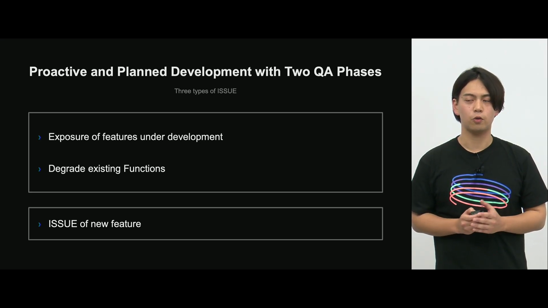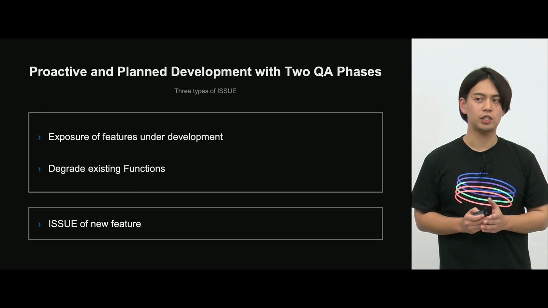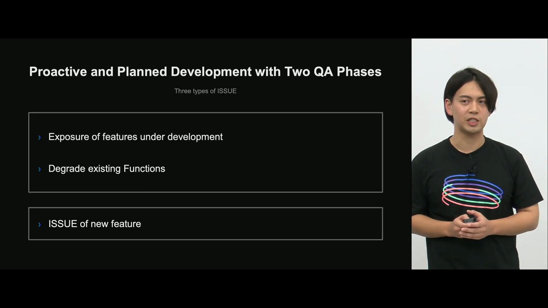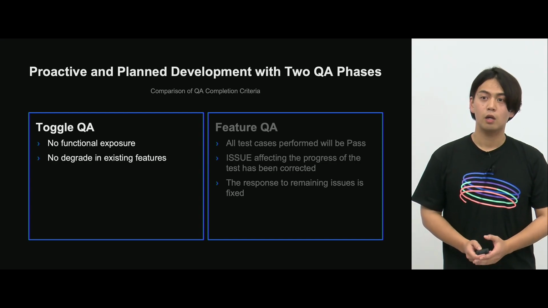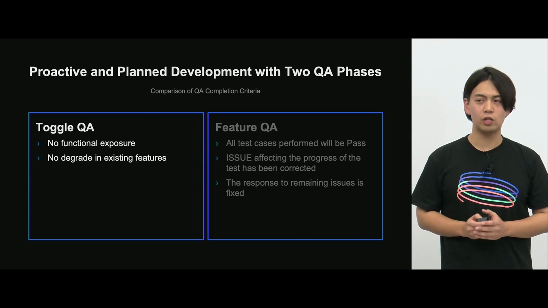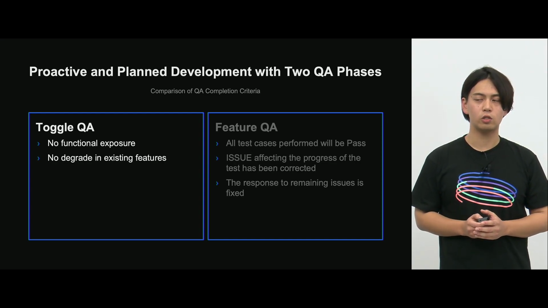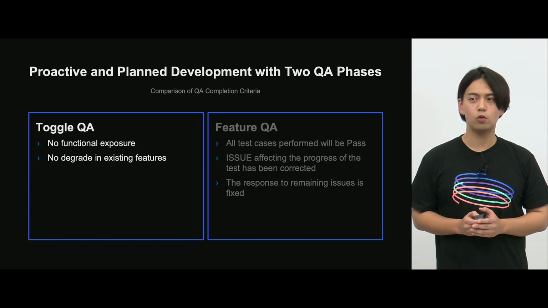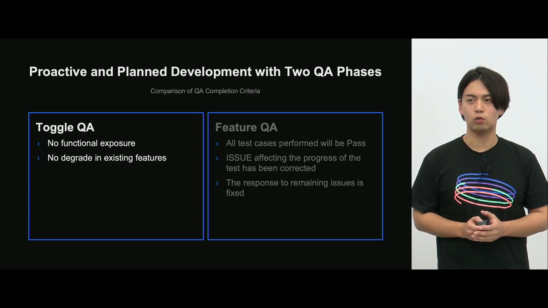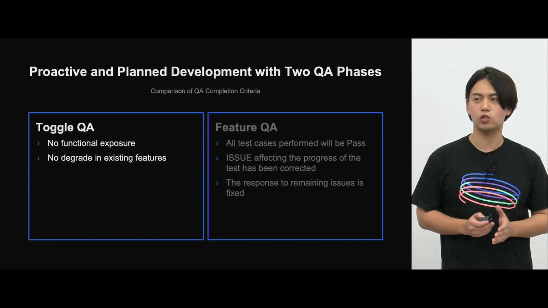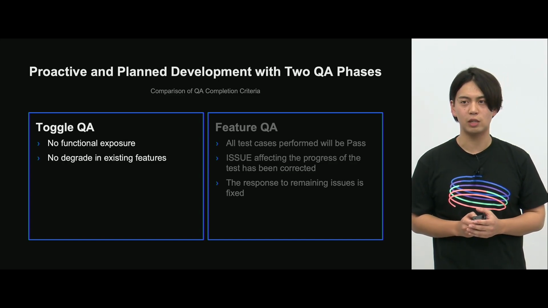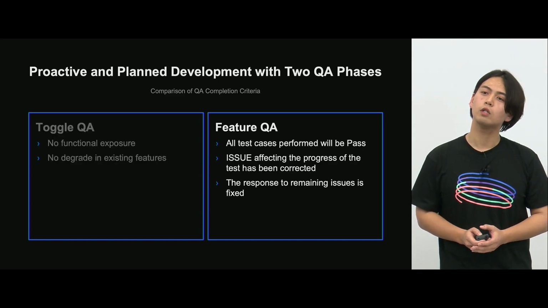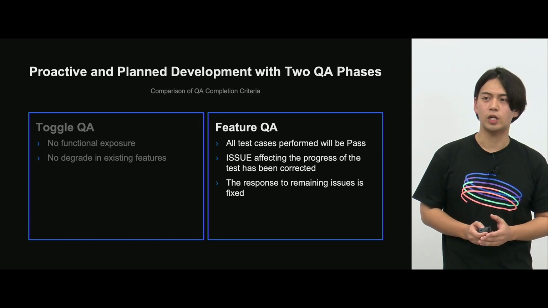Therefore, we applied different QA completion criteria for each issue. The criteria to complete the toggle QA, on the left, are not exposing new functionalities under development and no degradation of other existing functionalities, so the issues that impact the production environment have to be resolved.